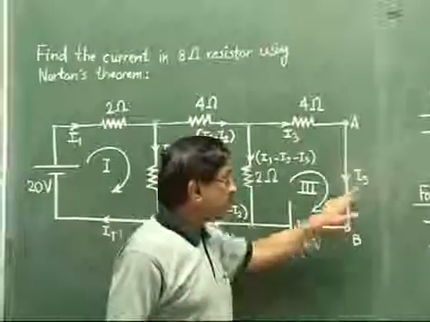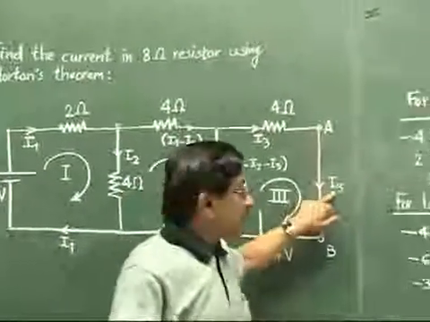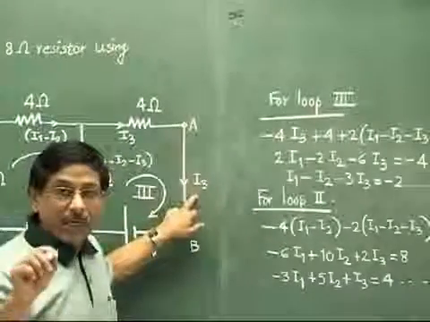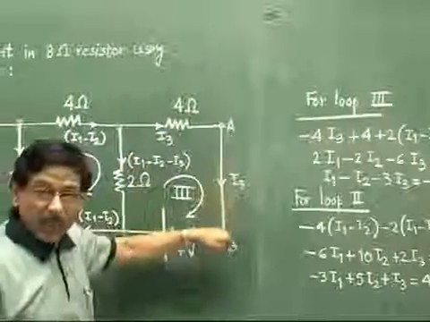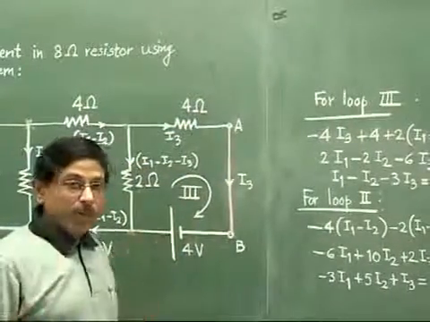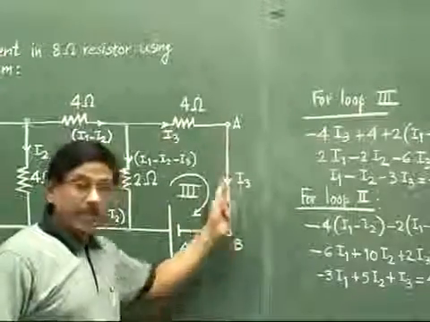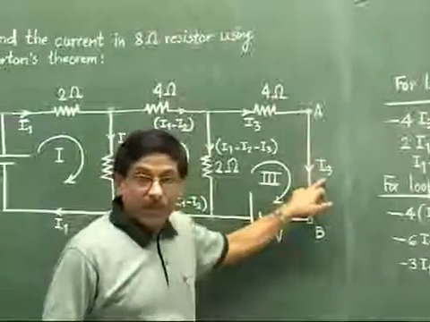So our aim would be just to determine I3. So you can pause the video and you can solve these 3 equations and find out value of I3. Suppose your value comes plus, then that means the current is really flowing from point A to B. If your value comes minus, that means actually the current would be flowing from B to A. But that will be apparent only after we get the value for this I3.